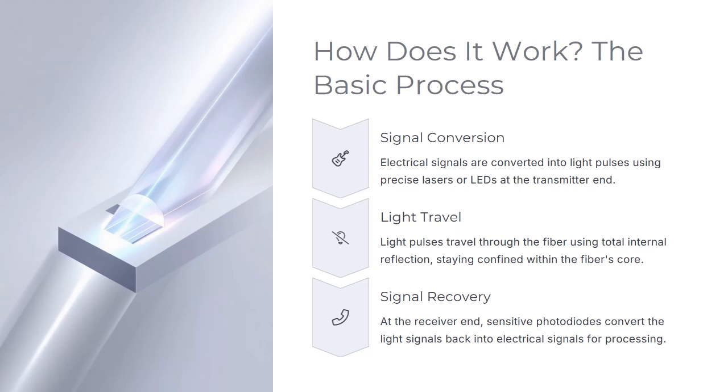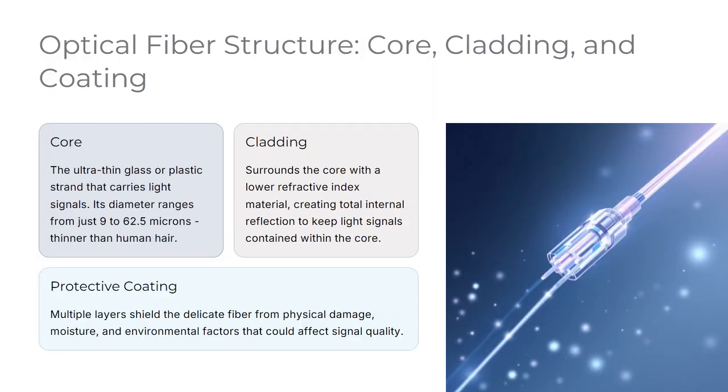For signal recovery, sensitive photodiodes are used to convert these light signals back into electrical signals for processing. The basic structure consists of three major parts: one is the core, another is the cladding, and another is the coating. The core is the center part, made of ultra thin glass or plastic, which carries the light signals.